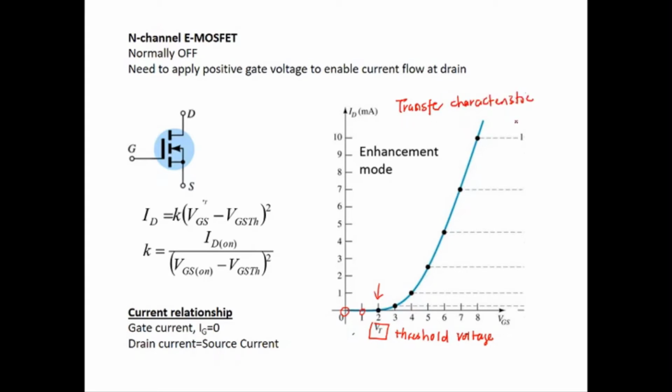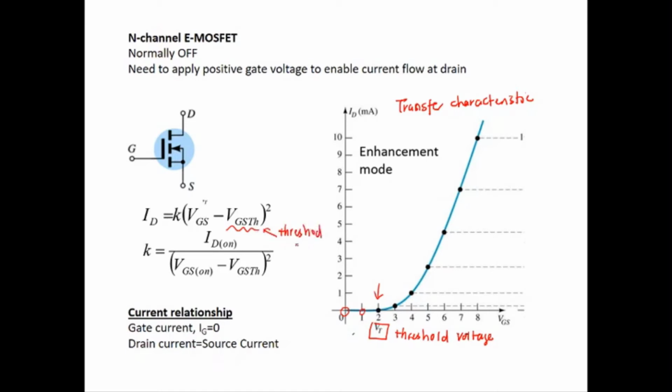This transfer characteristic can be mathematically expressed by a quadratic function: ID is equal to K times (VGS minus VGSTH) squared. Take note that VGSTH is the threshold voltage.